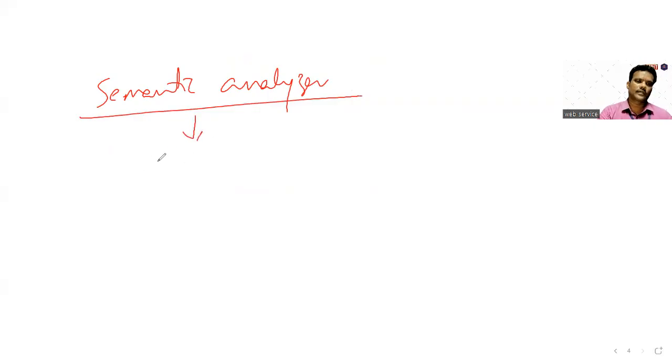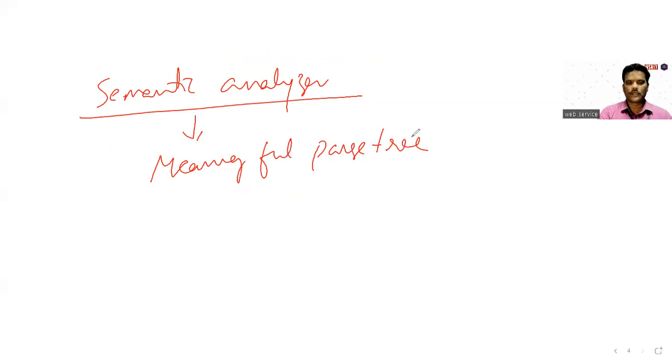It checks whether the parse tree is a meaningful parse tree or not. The semantic analyzer will check whether the previous parse tree is meaningful or not. Suppose I take C equals A plus B star 20.